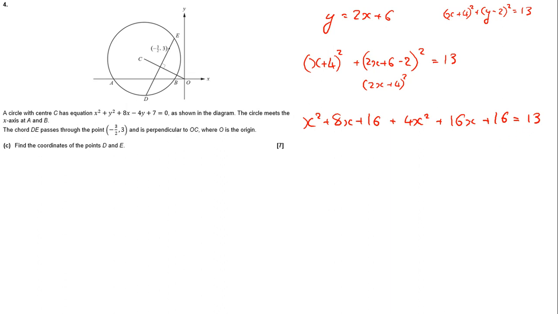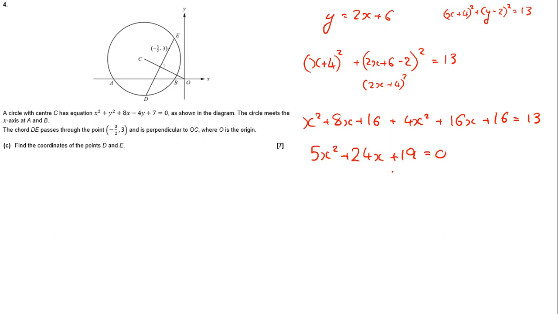Let's bring these across. So we've got 5x squared plus 24x. Now 32 take away 13 is plus 19 equals 0.